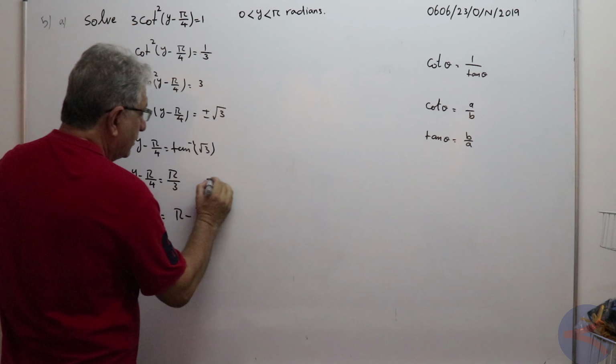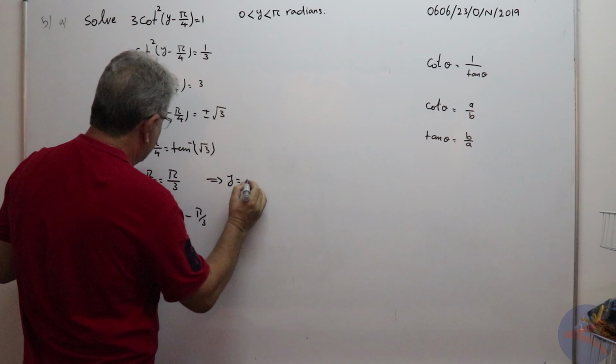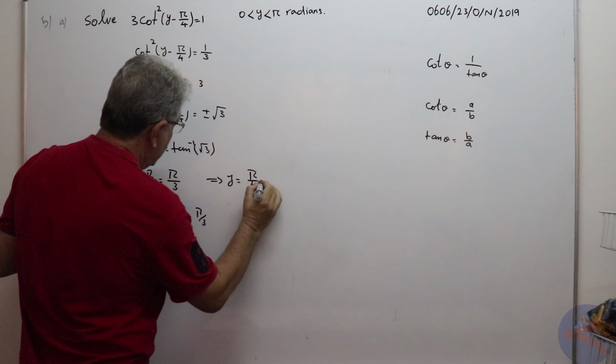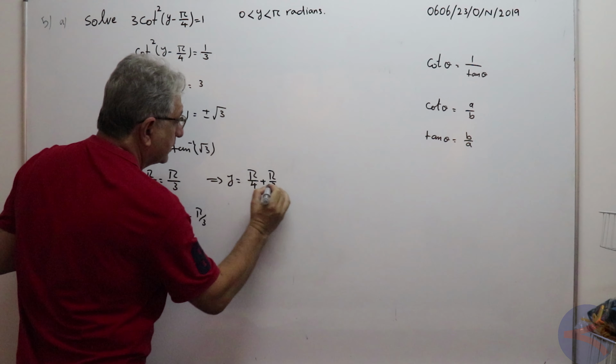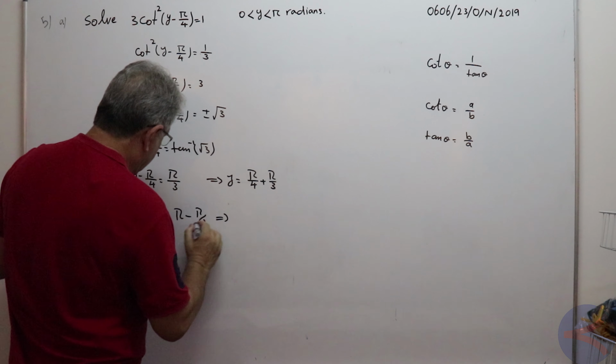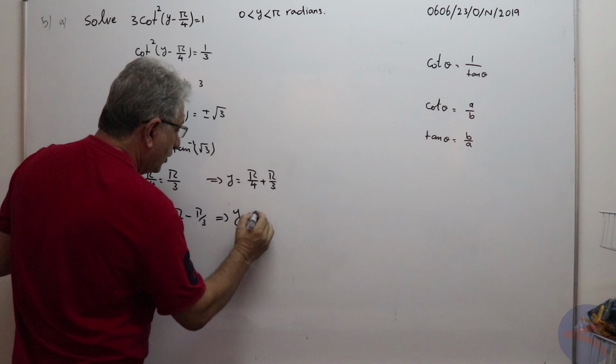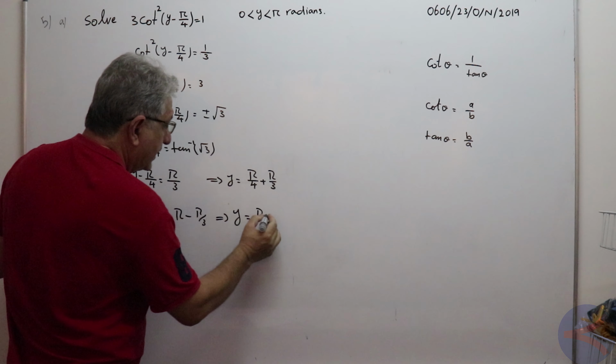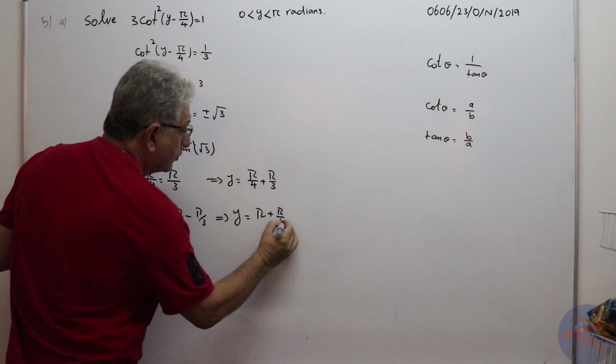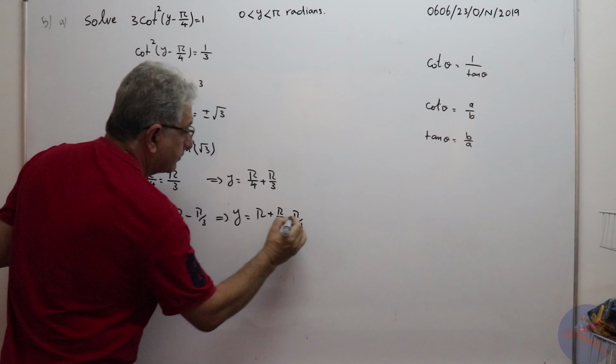Now from here we can say y is equal to pi over 4 plus pi over 3. And from here we can say y is equal to pi plus pi over 4 minus pi over 3.